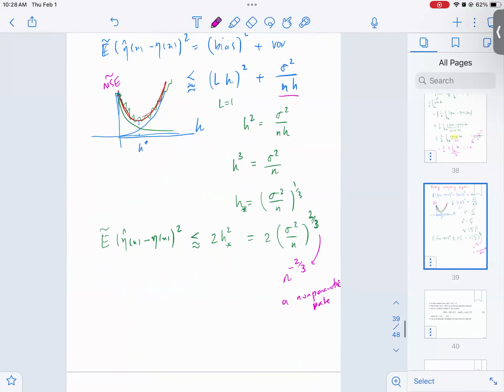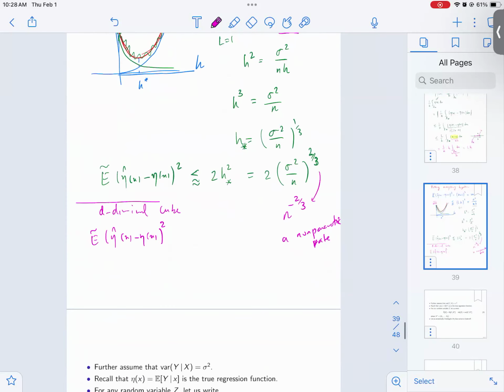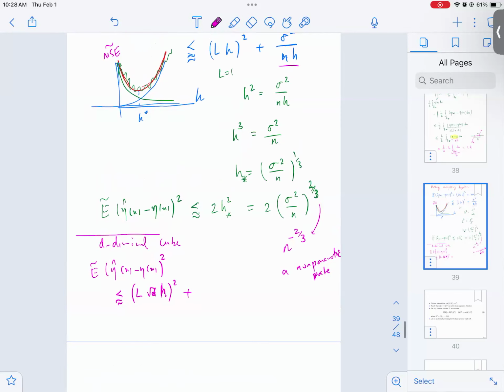So in a D-dimensional cube, with Lipschitz as I defined it, I believe you get something like this: L root D H squared, which is H squared with a constant dependent on D, plus sigma squared over n. And the problem here is that you get H to the D.